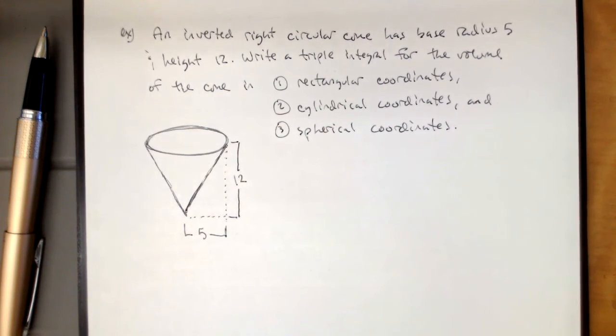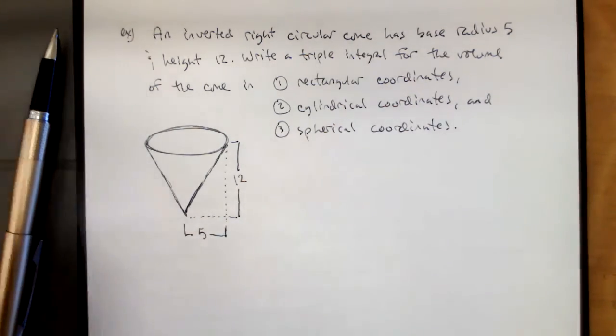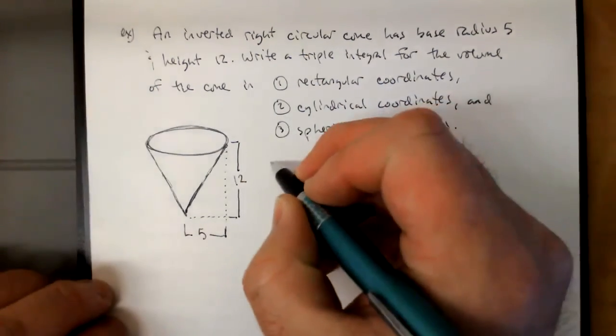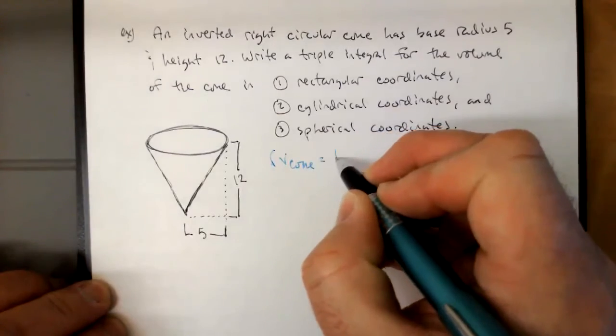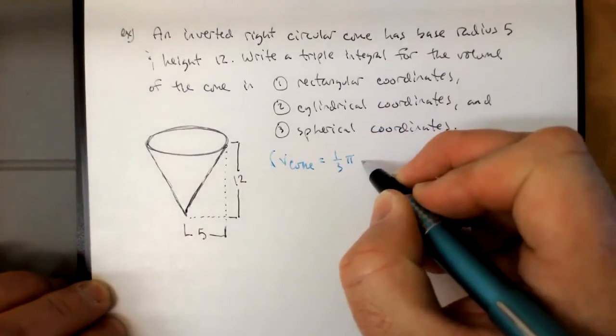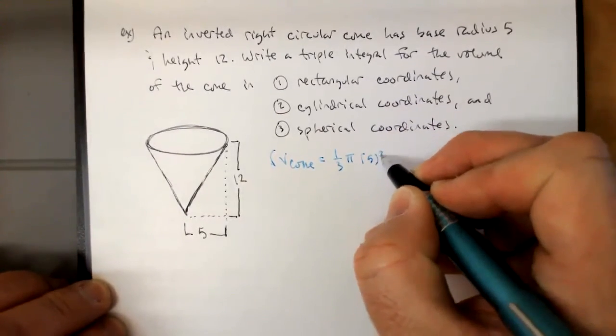So I picked this cone. I picked a cone because we can actually calculate the volume of the cone, so we have something to aim our integral at. Make sure that our integral coming out has been written correctly. So we know that the volume of the cone is 1/3 times pi times the radius squared times the height.